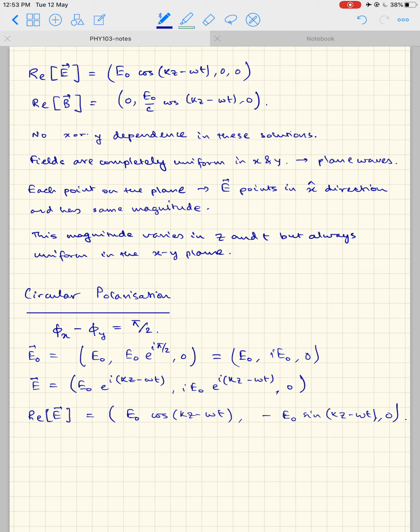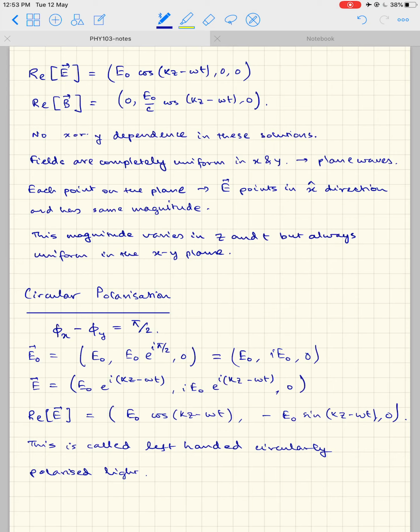This is called left-handed circularly polarized light.